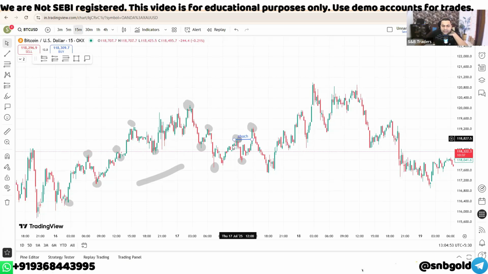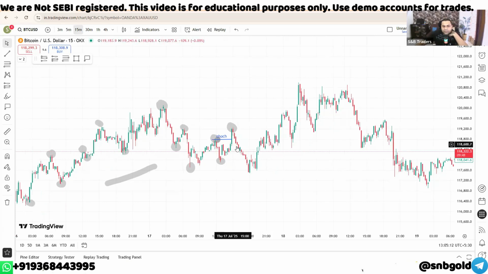It means that now the price has changed character. Instead of going in lower low and lower high positions, it's now making higher highs, and there has been a break of structure. So this is how we identify trend.